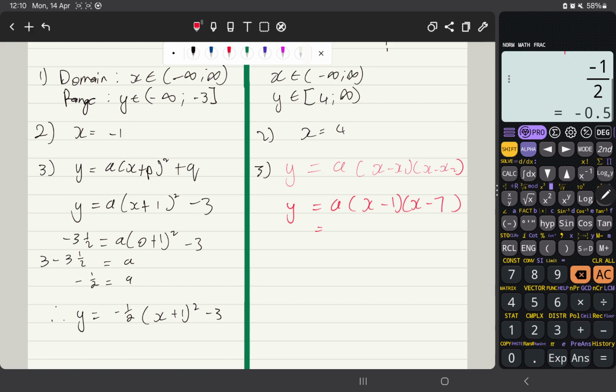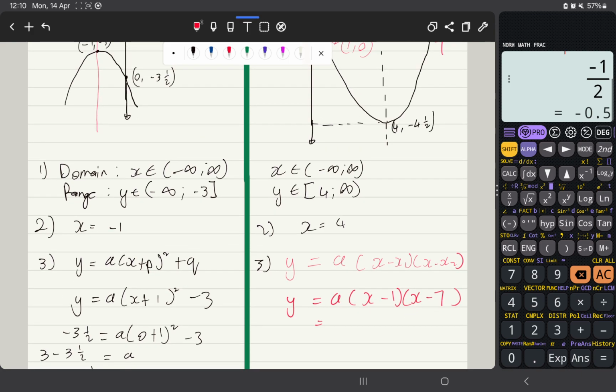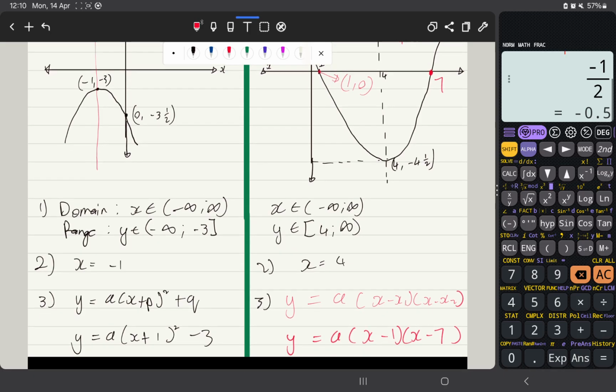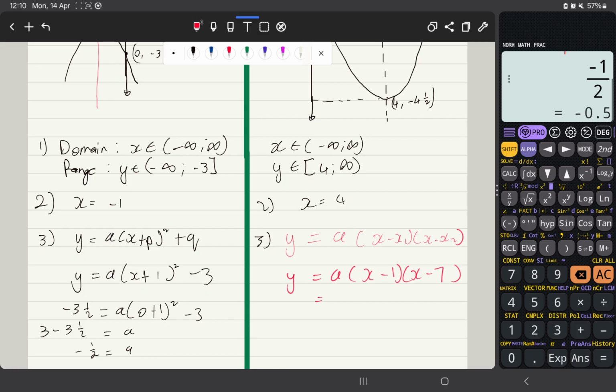While we are here, so that you don't make things complicated for yourself, use that extra point to find a. For that extra point, we have minus 4.5 equals a times 4 minus 1 times 4 minus 7.